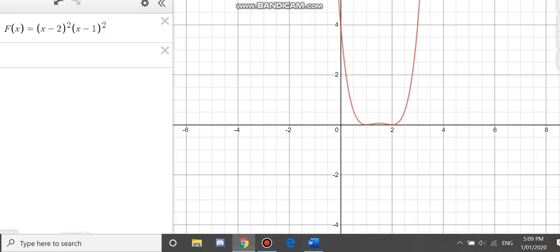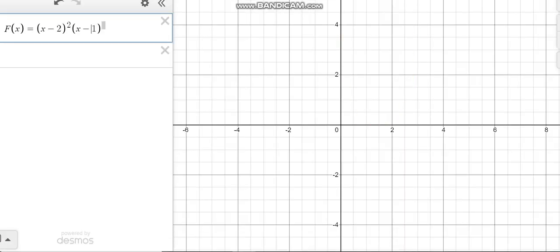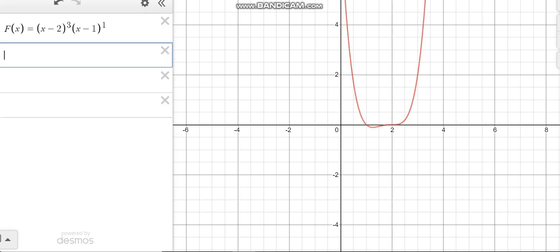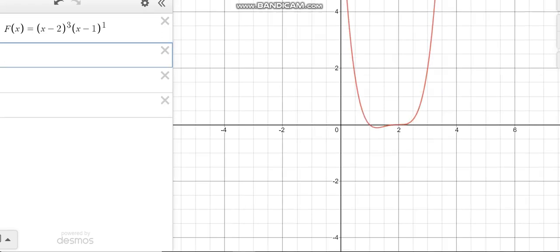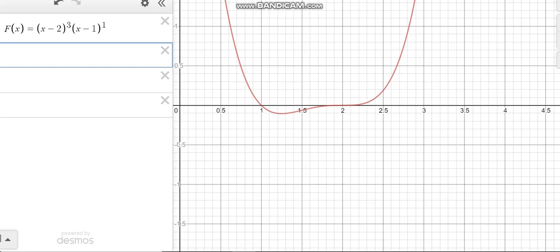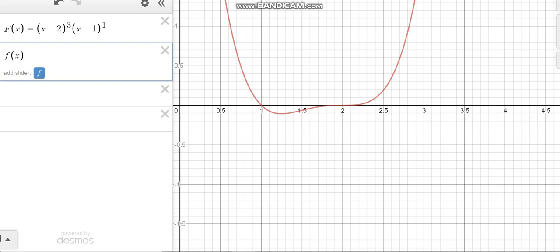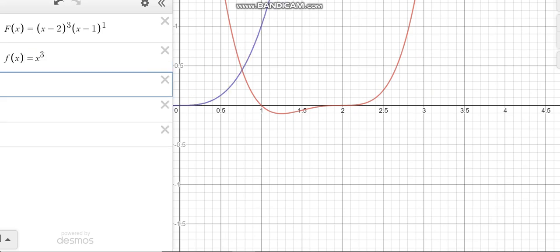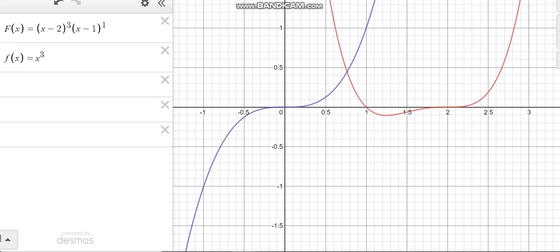If I change this to a 3, you can see here at x equals 1, the graph goes through the x-axis, but it has this kind of saddle cut, which is expressed in the general form of a cubic, x cubed. So it has this sort of cut pattern here, and a similar pattern here.